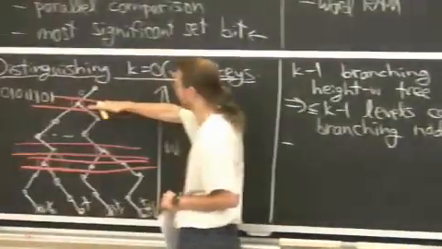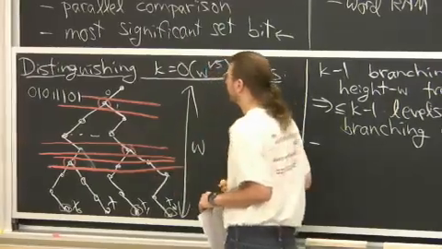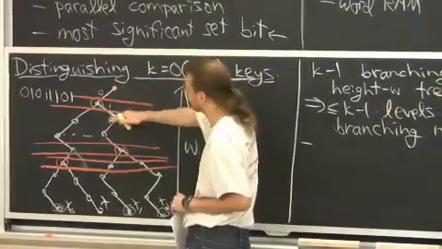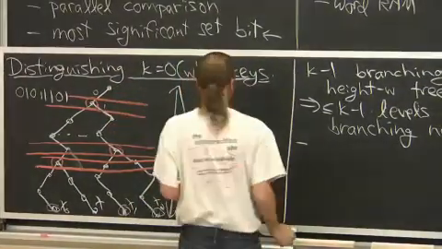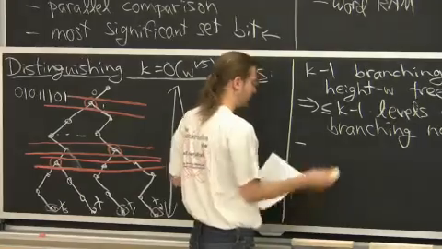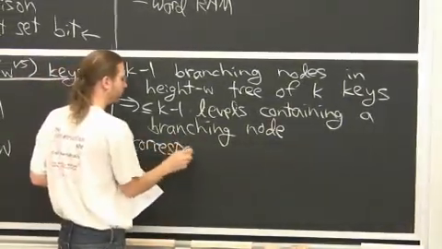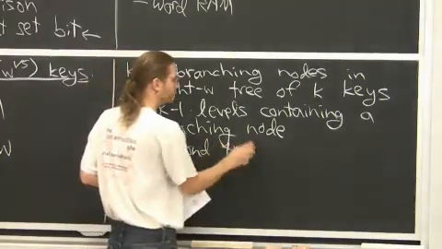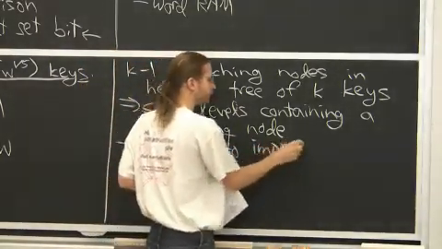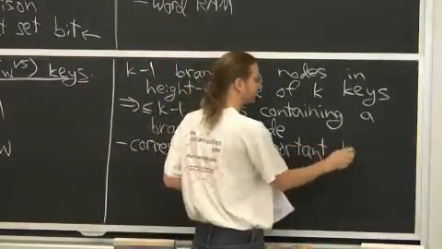So call these levels correspond to bits. You know, this is the first bit, second bit, third bit, and so on. This is the most significant bit next, and then the least significant is at the bottom. So these levels correspond to important bits. That's the definition.